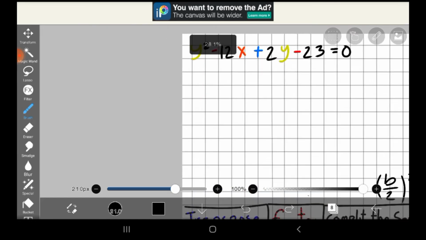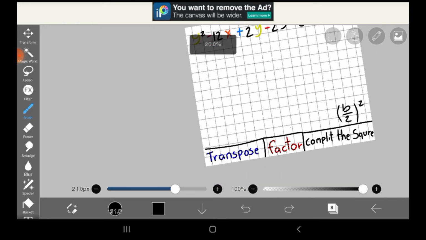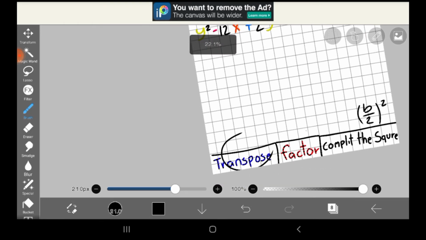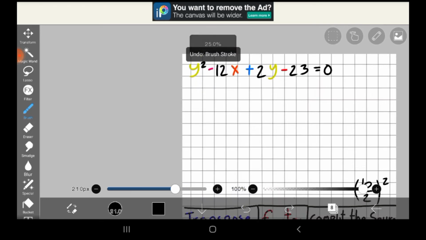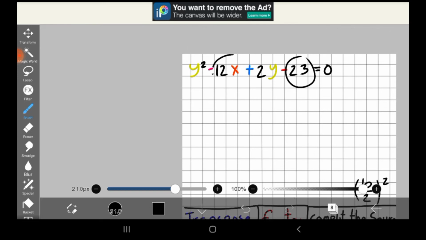So first you will look for transpose. We will transpose a lonely term and a constant. This is the constant and this is the lonely term. So what will happen is those two will transpose to the right side.